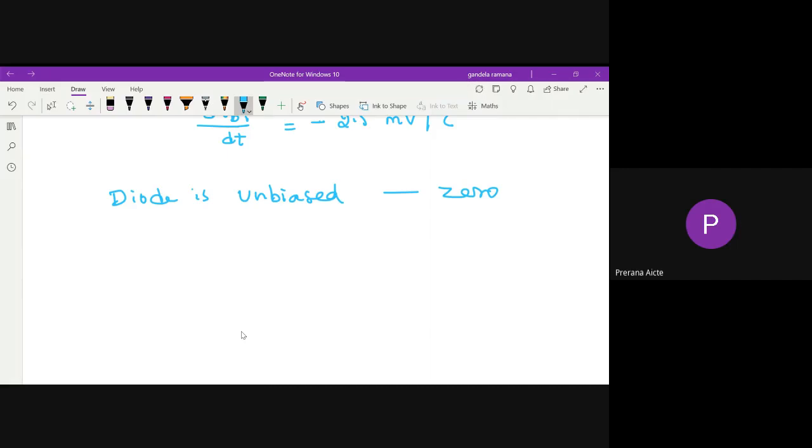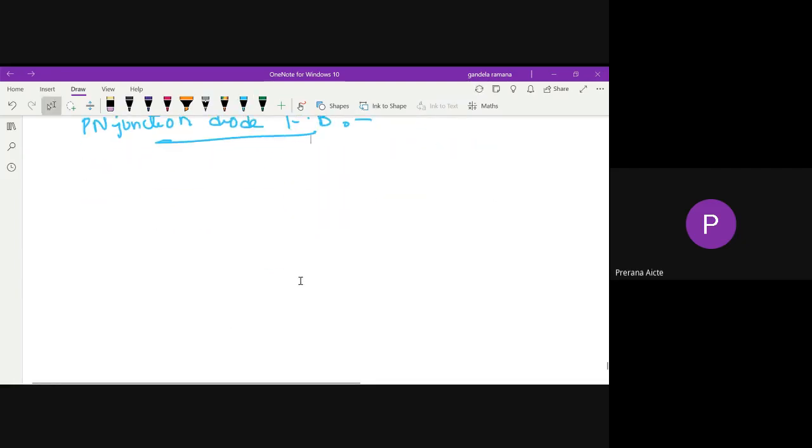Now, PN junction diode forward biased. So what does forward biased mean? For a silicon wafer, third group elements are doped, and P type is formed.